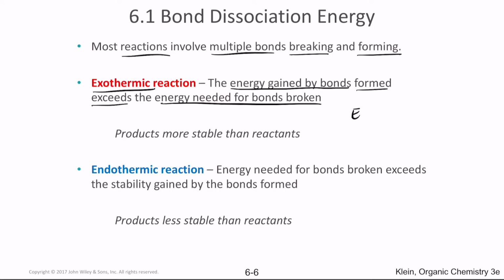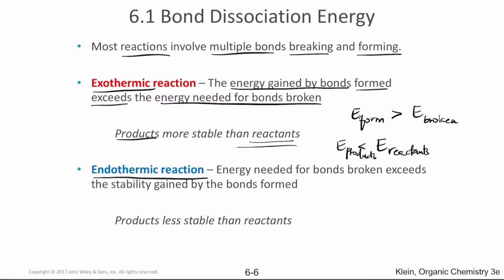So the energy of formation is greater than the energy of broken. This means that the products that you form here are more stable than the reactants themselves. So the energy of the products is less than the energy of the reactants. So this is how you can remember the exothermic reactions.